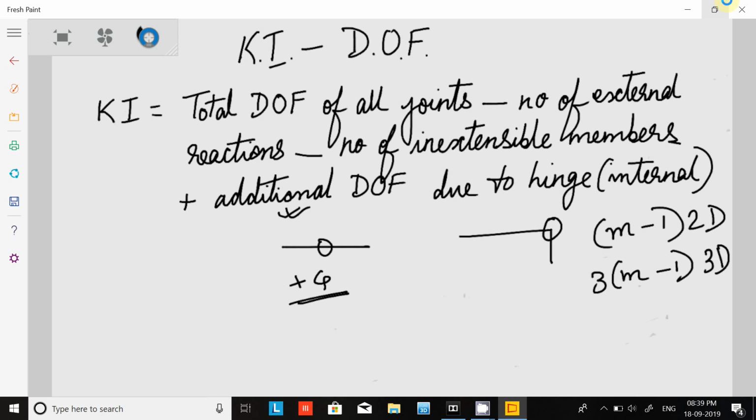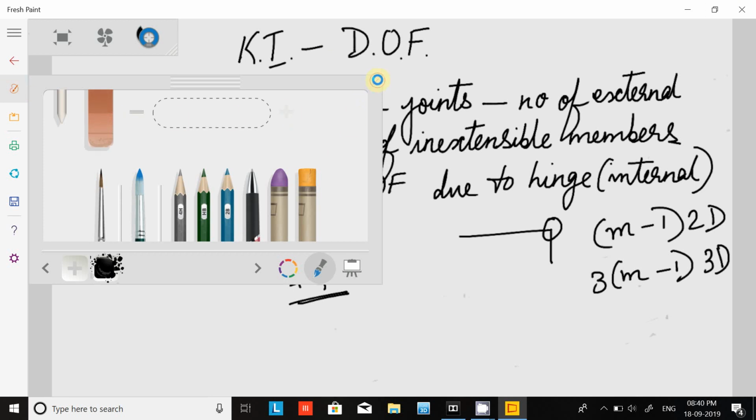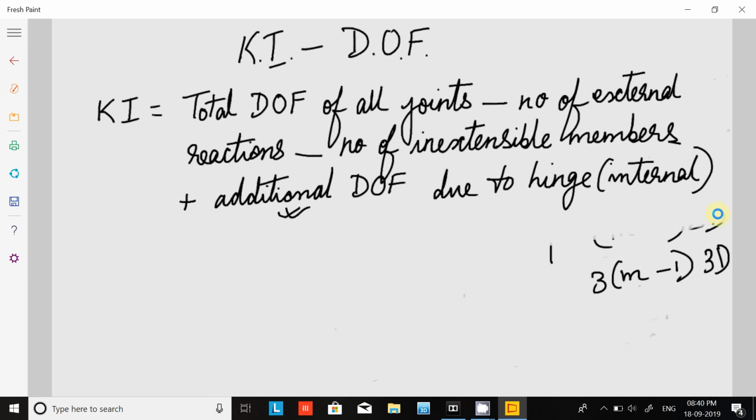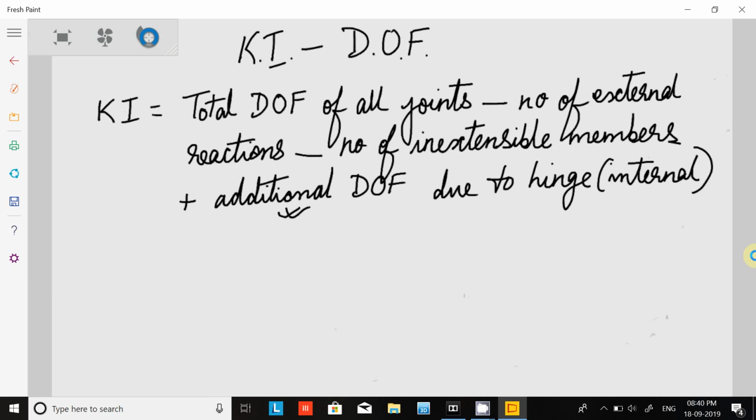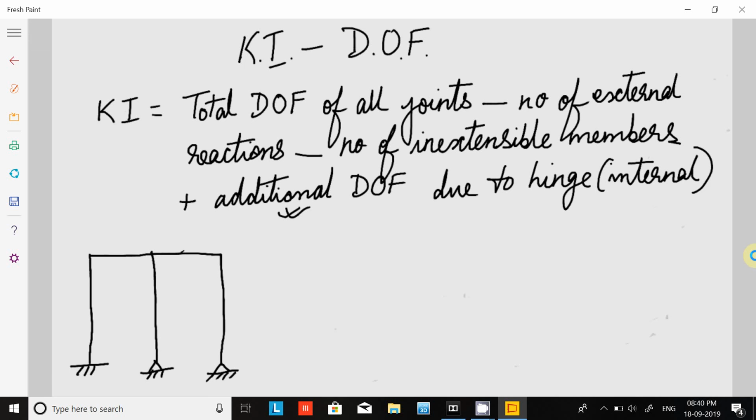So if we try to take one example, degree of kinematic indeterminacy is also written as dk.